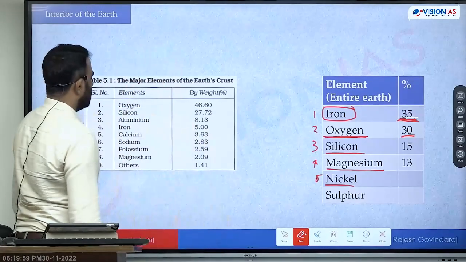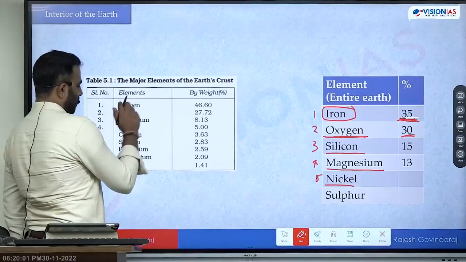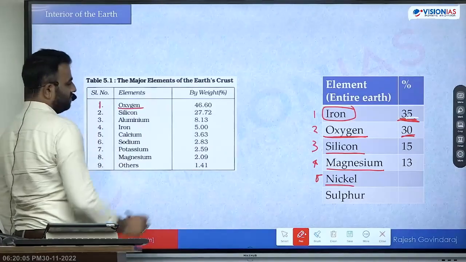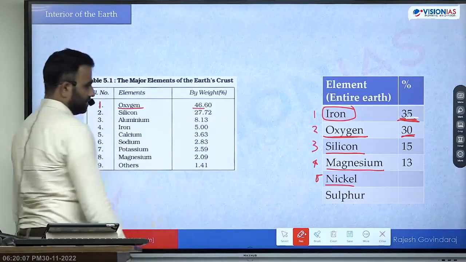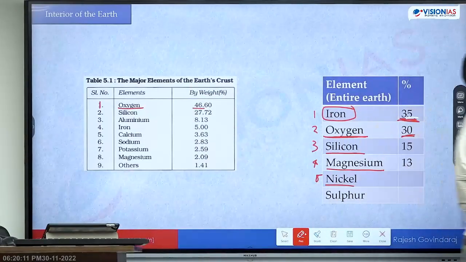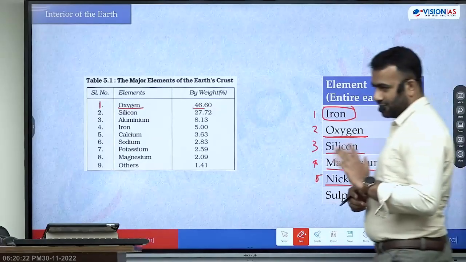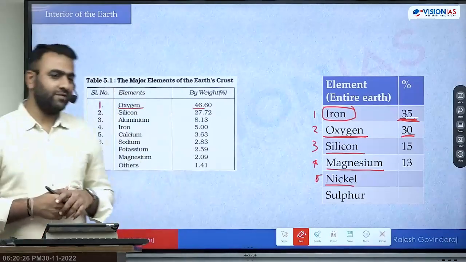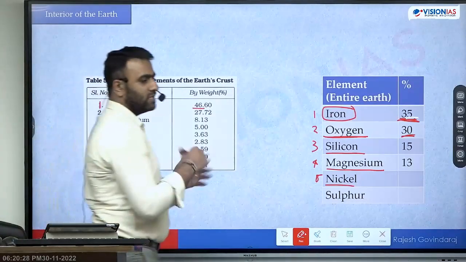So if we talk about the crust alone, the outermost layer, oxygen has the highest proportion, number 1, which is 46%. The outer crust is majorly made up of oxygen. Why? Because various different elements form oxides very easily: silicon oxide, aluminum oxide, iron oxide, and oxygen is very easily available from the atmosphere. So वहाँ से mix up हो जाता है.